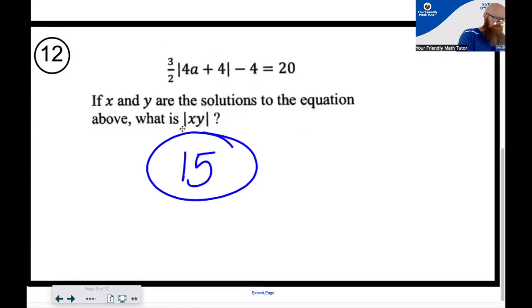All right, so the takeaway there is when you want to solve an equation, just make sure it's an x. So just change the variable to x. It gets confusing though, because then they use x as one of the solutions and y. They do a lot of things to mess with your brain here. So put in x. It's just saying take the two solutions, multiply them, take the absolute value.